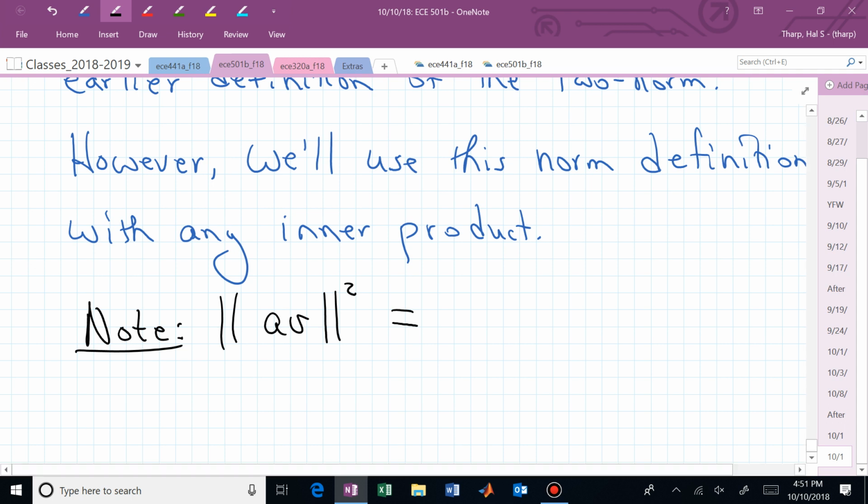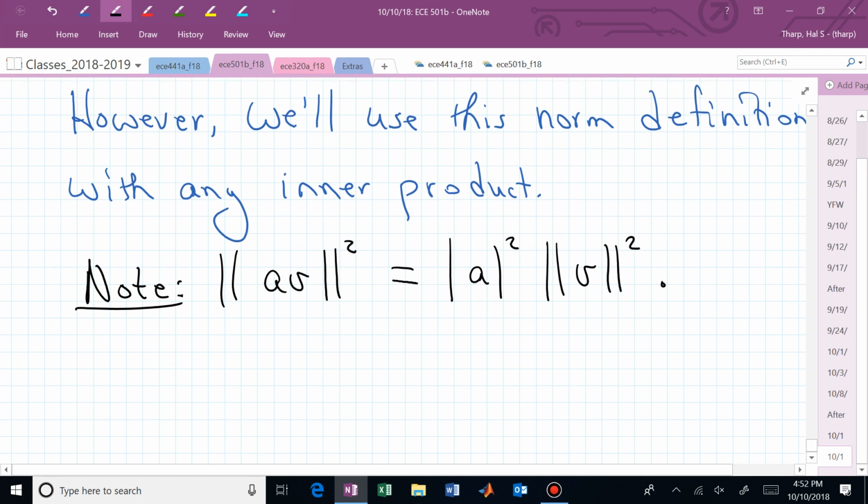And what have we just looked at? We've seen that we have homogeneity of the first slot, and what do we have in the second slot? We have av comma av. So we have scaled vector v in both slots. We slide out the a from the first slot. What do we slide out from the second slot? Its conjugate. And now a times its conjugate is the magnitude of that scalar squared. And that's now times the norm of v squared.